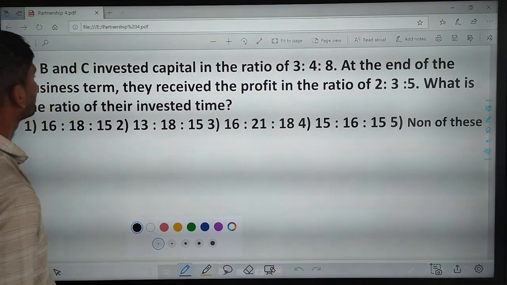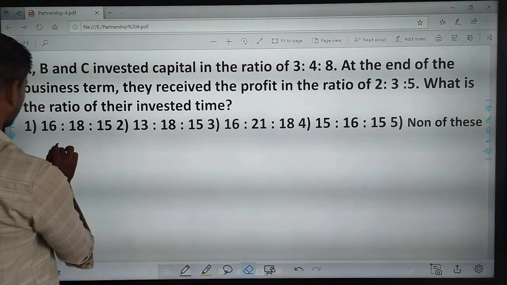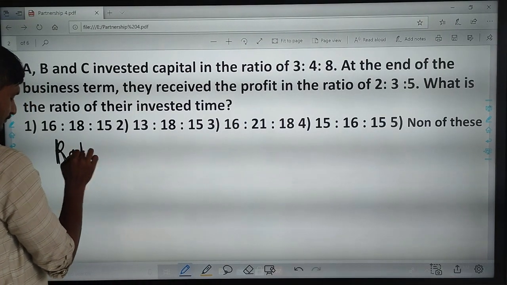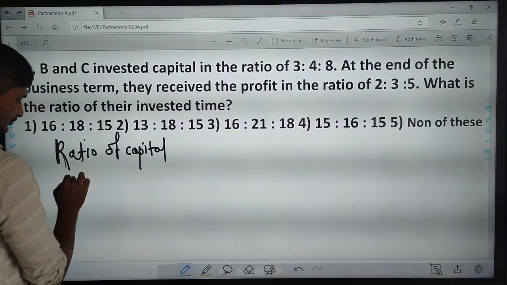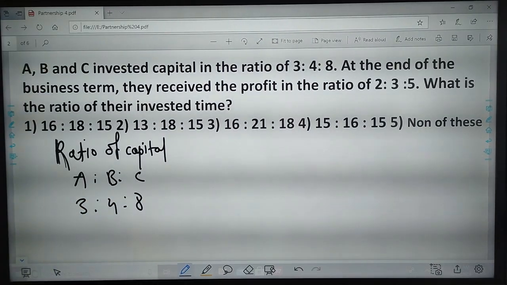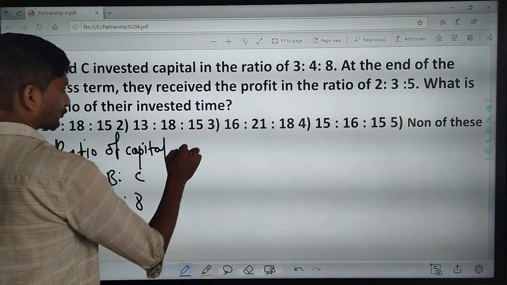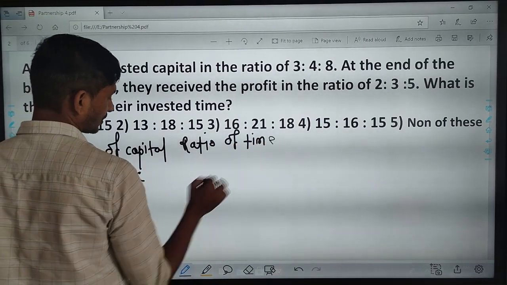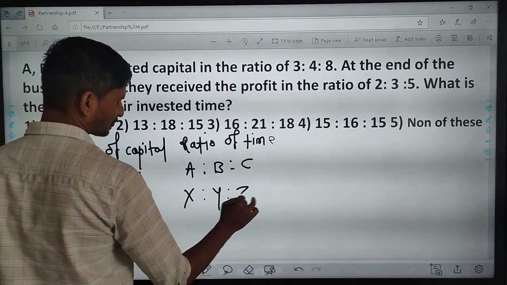Now here, the ratio of capital. Then the ratio of profit, the ratio of time, is equal to x as to y as to z.